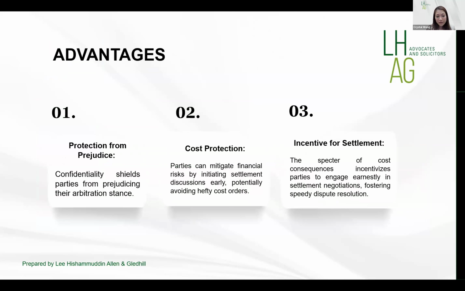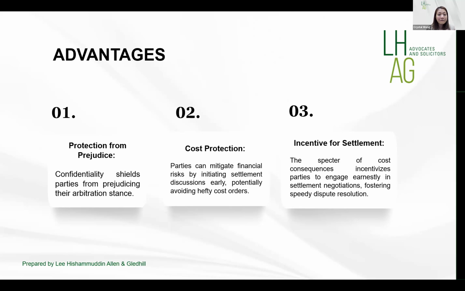Briefly, protection from prejudice: it is confidential, so it shields parties from prejudicing their arbitration stance. Cost protection: you can mitigate any financial risk from a cost perspective by initiating such settlement discussions early and potentially avoiding hefty, what we call high, arbitration costs, from all aspects, tribunal costs, experts, and also legal costs.